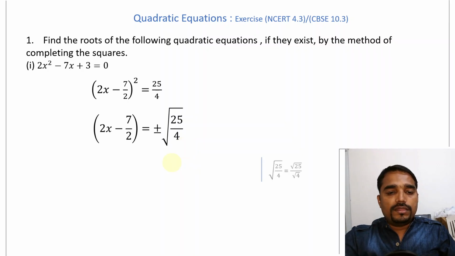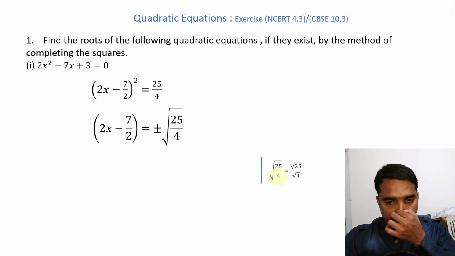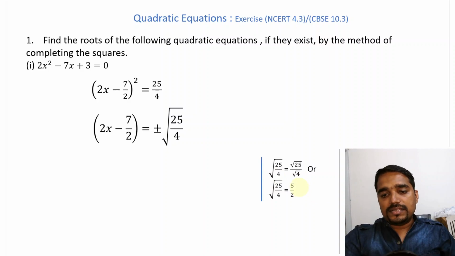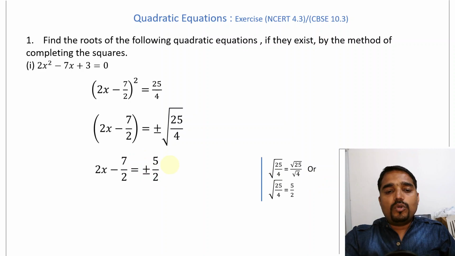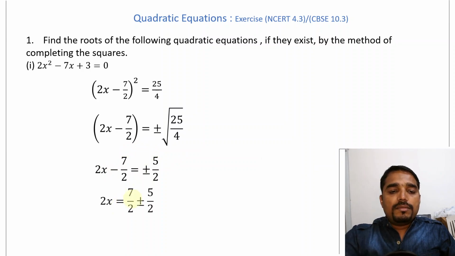We would be left with a term 5 by 2. Now let us substitute here. 2x minus 7 by 2 is equal to plus or minus 5 by 2. Now to find the value of x, let's transpose minus 7 by 2 towards RHS. We would be getting 7 by 2, which would become plus or minus 5 by 2.